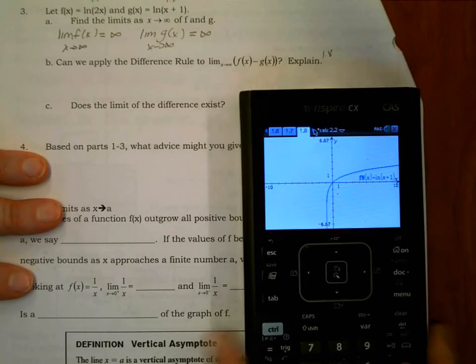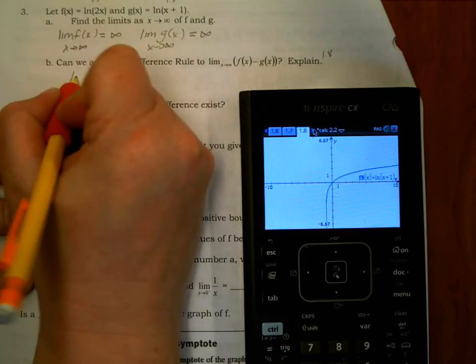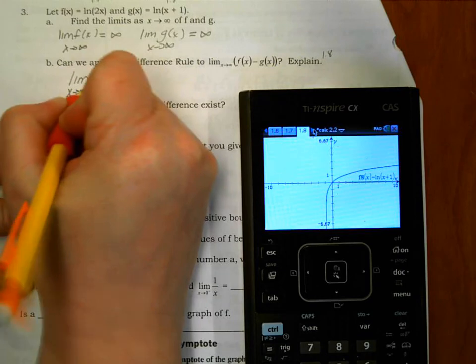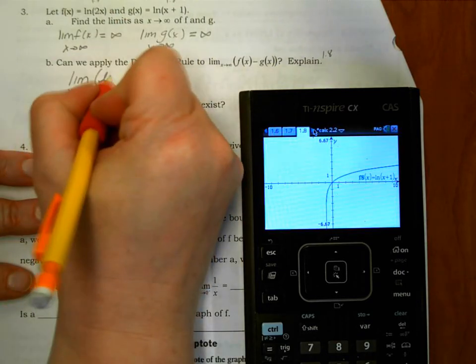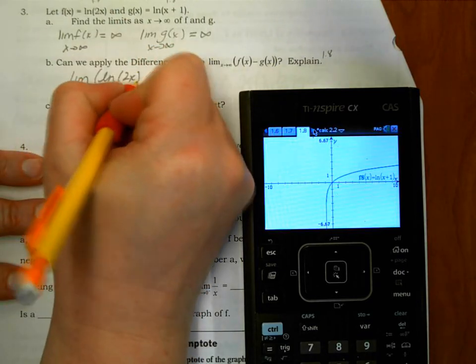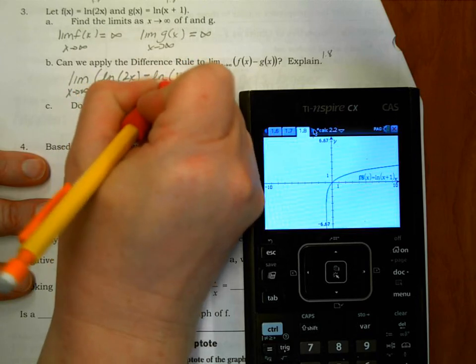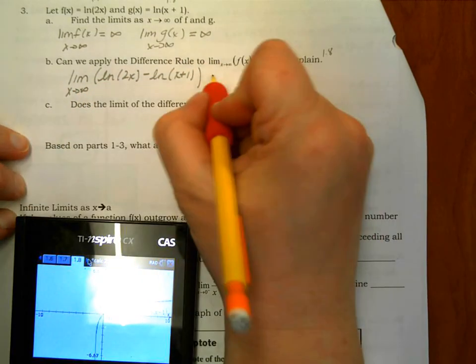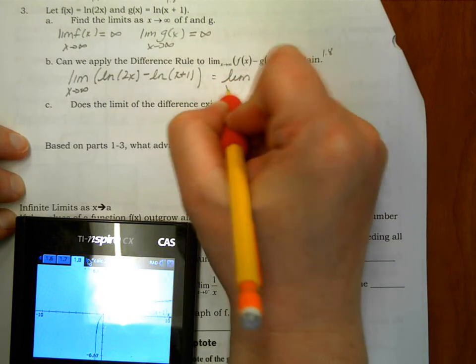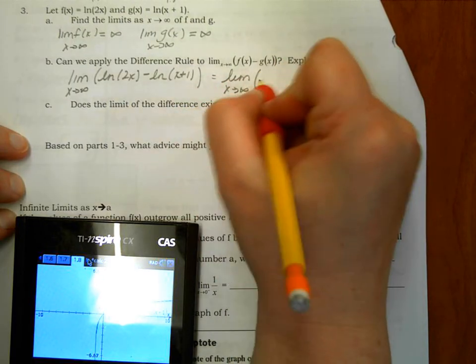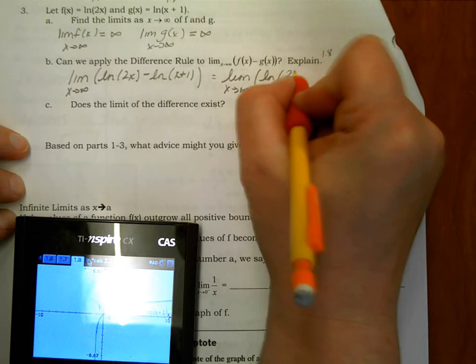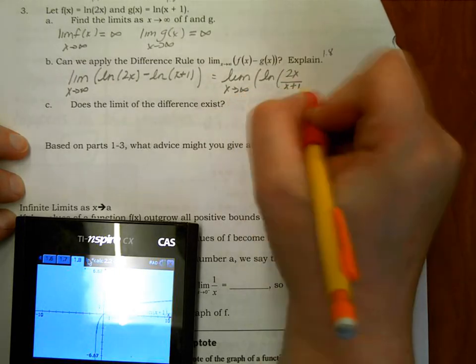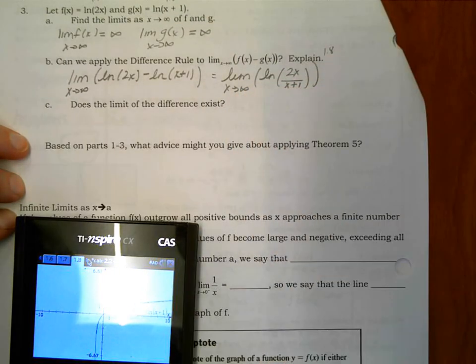But then if we tried to use the difference rule on this, remember we just did all this stuff with logs, and logs have special properties. So this we could actually rewrite as the limit as x approaches infinity of the natural log of 2x over x plus 1.